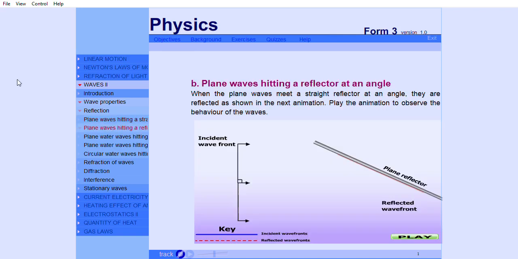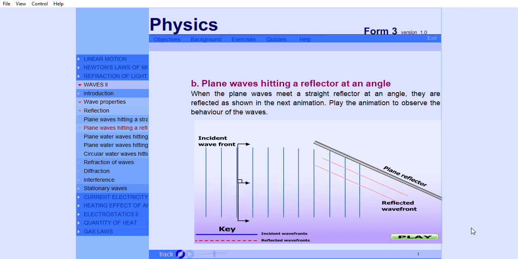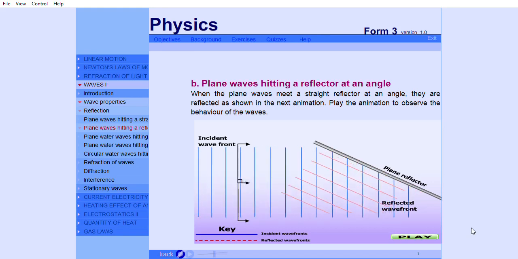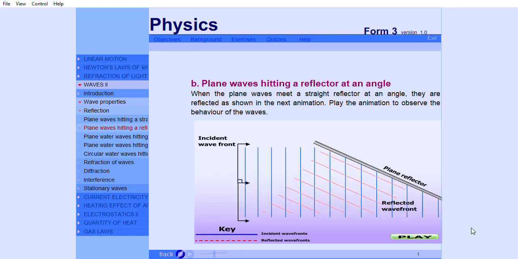Reflection of plane waves after hitting a reflector at an angle. When the plane waves meet a straight reflector at an angle, they are reflected as shown in the next animation. Play the animation to observe the behavior of the waves.